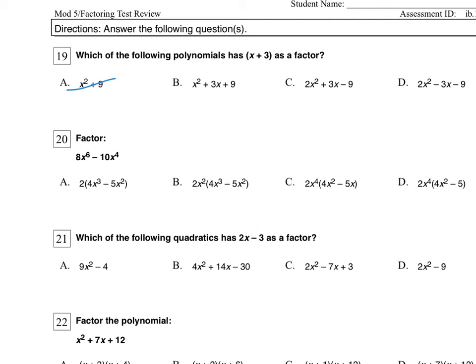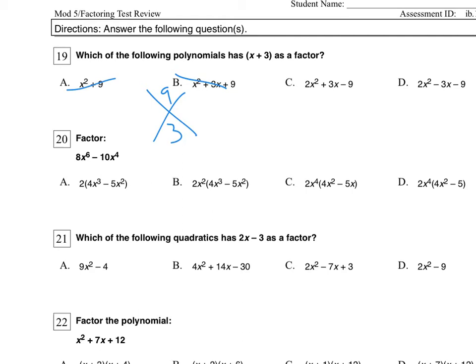Now we look at B, so we have a trinomial. I'm going to do x box, so we have 9 and 3. What multiplies to 9 and adds to 3? Think about it. Things that multiply to 9 are 1 and 9, and 3 and 3. Neither of those will add to 3, so that one is prime.